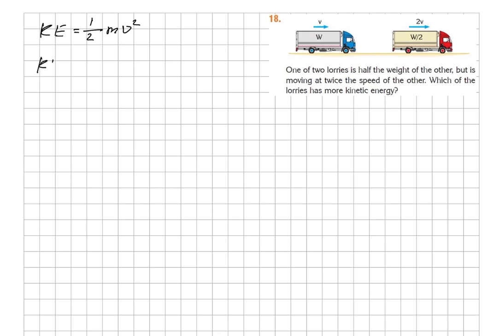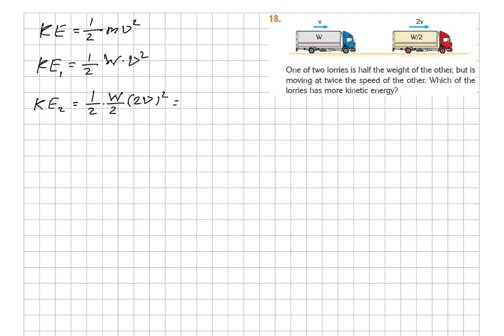So the kinetic energy of the first lorry is going to be 1 over 2, it has the mass of W and the velocity of v, squared. And the kinetic energy of the second one is 1 over 2 times the mass, which is W over 2, but the speed is 2v, squared.